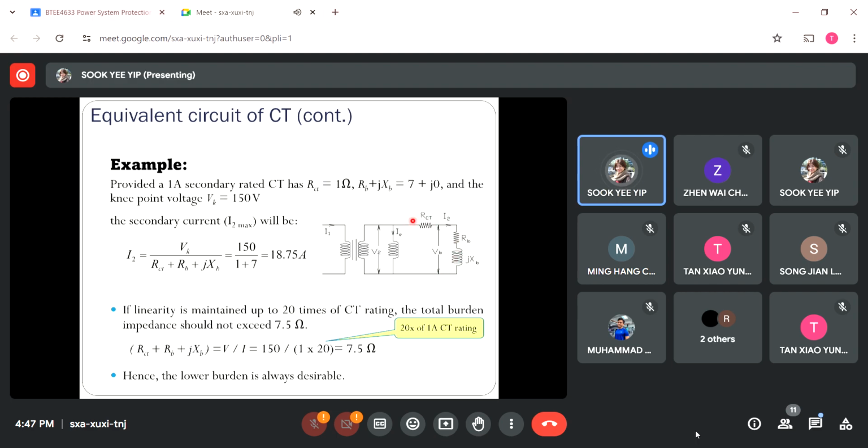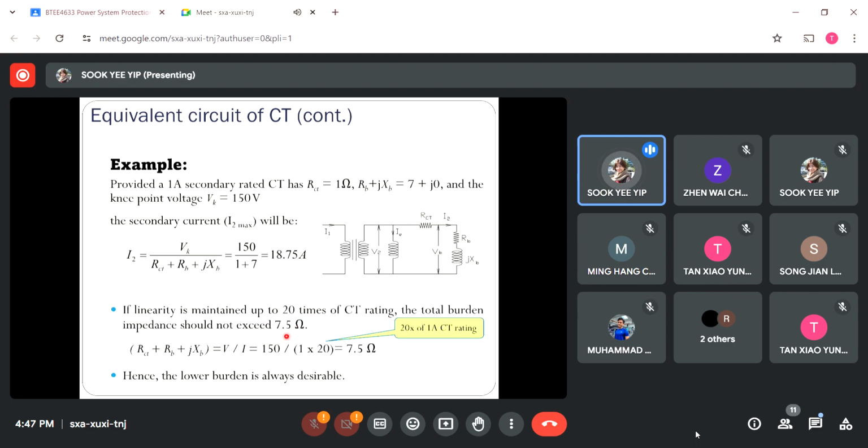So what would be the total burden that can be attached at the secondary side in the event I have fault situations with 20 amp flowing through at the secondary side? So this point is mentioning that if we have this situation, the fault causing the secondary current here at 20 ampere, the total burden should be connected less than 7.5 ohm, else it will turn into saturation mode.